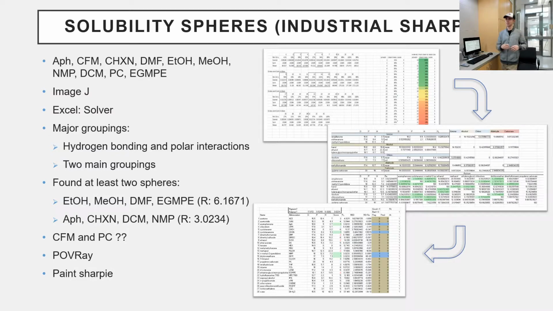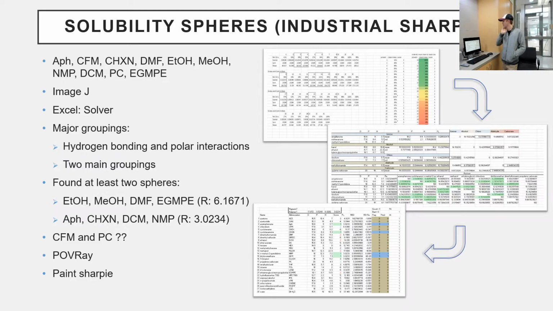I tried to fit them all in one sphere, but they wouldn't all fit. I tried making a smaller sphere and then adding another solvent and expanding the sphere until the other solvent fit. But most of the time, a bad solvent would fit into the sphere first, so I knew that it wasn't part of that group.